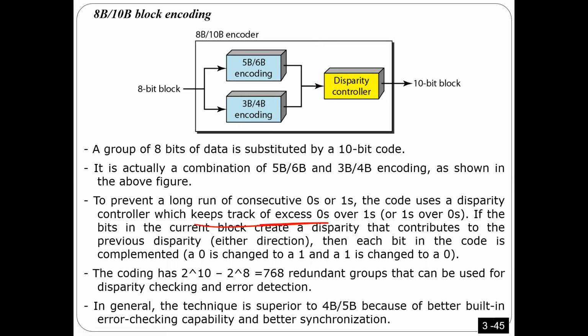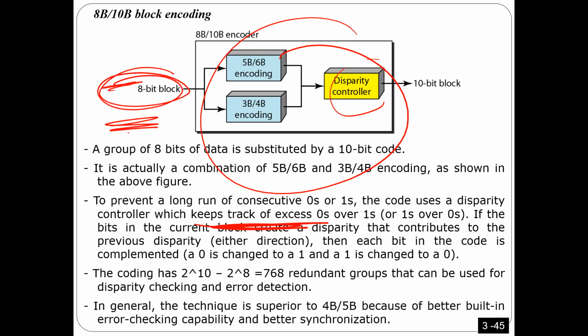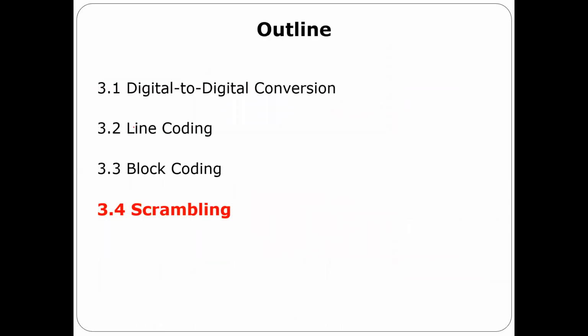It keeps track of the excess zeros or ones. If we have more ones than zeros, this one is going to do the conversion, and for sure the other side has to do the same thing. Anything we do here, we have to do the opposite at the other side, because at the end, this is the data I have to receive. I just mapped the data, and then I have to map it back again. Any questions?